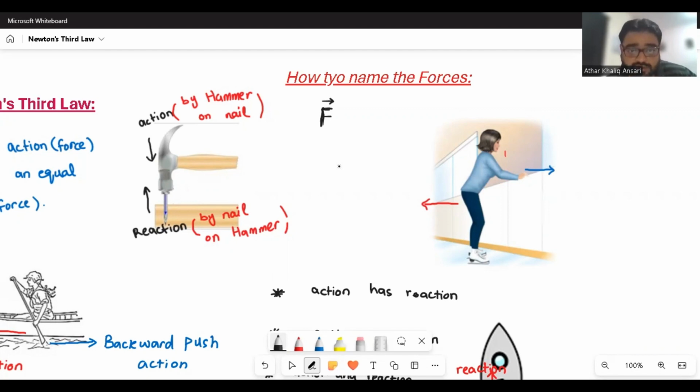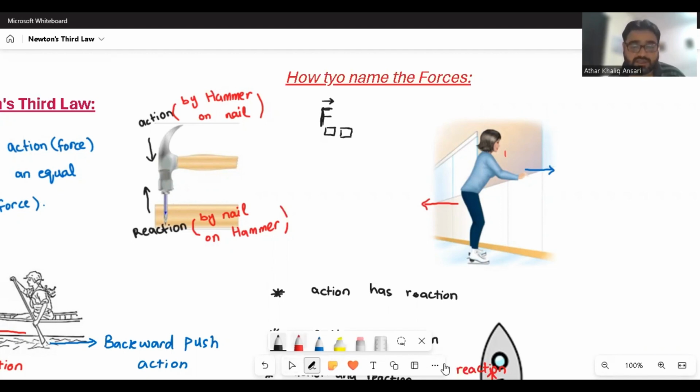Now you need to write two subscripts at the lower side of the force. These two subscripts show where you have to apply the force and by which object you have to apply this force. So the first subscript is the object upon which the force is being applied.